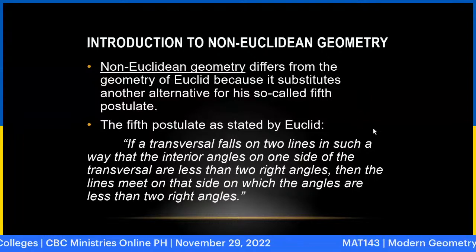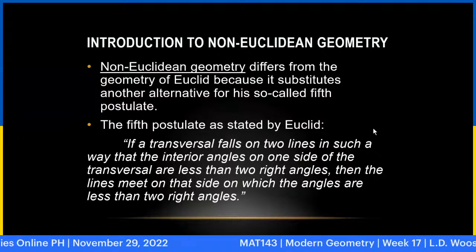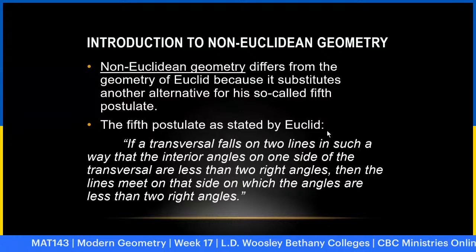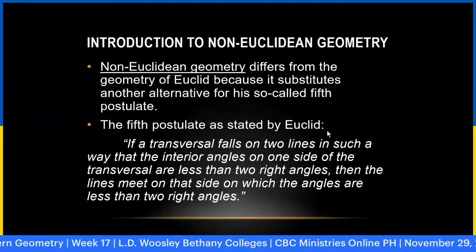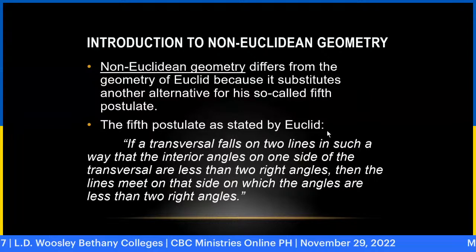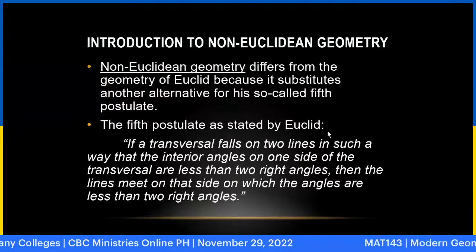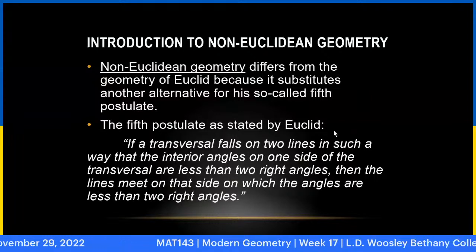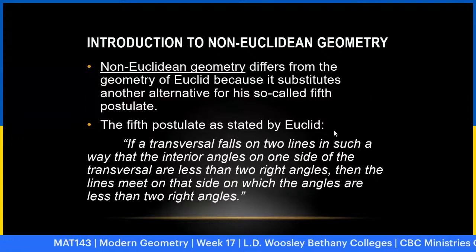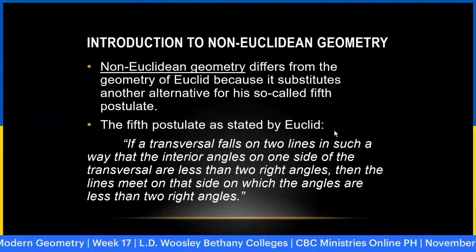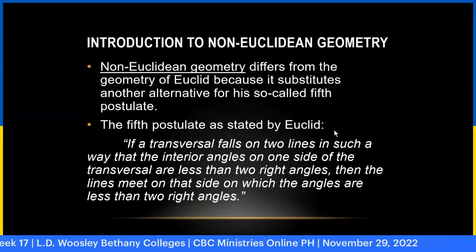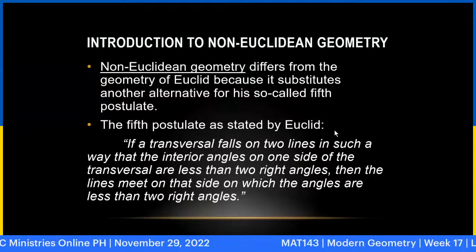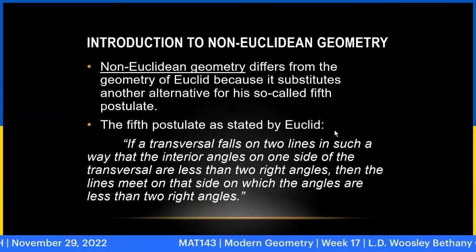All right, so far we have already discussed this, no? As a matter of summary, Euclidean and non-Euclidean differ on the fifth postulate. So basically, if a transversal falls on two lines in such a way that the interior angles on one side of the transversal are less than two right angles, then the lines meet on that side on which the angles are less than two right angles.